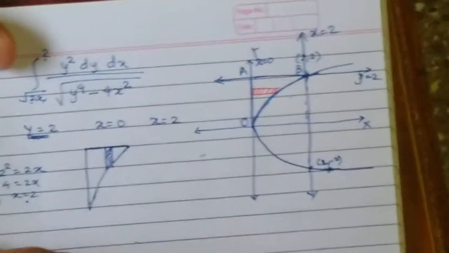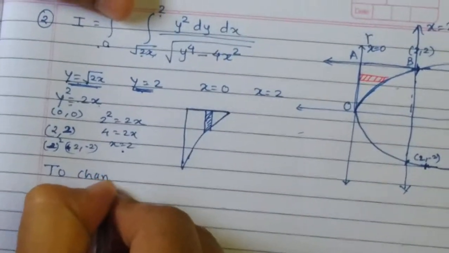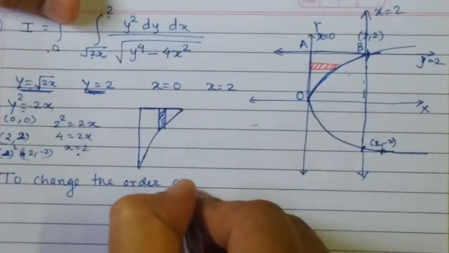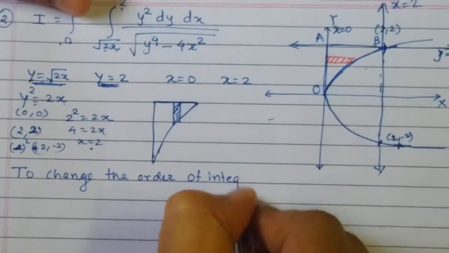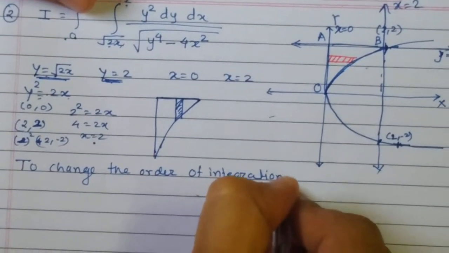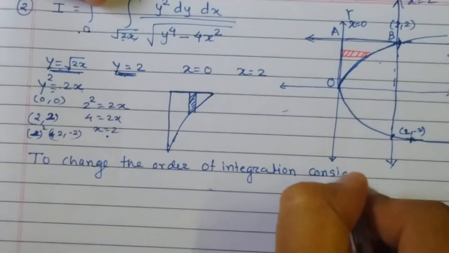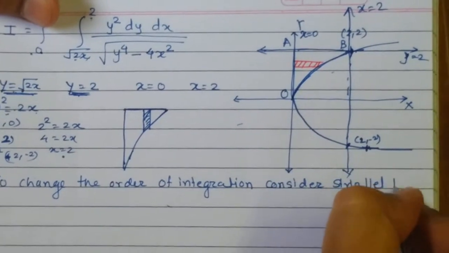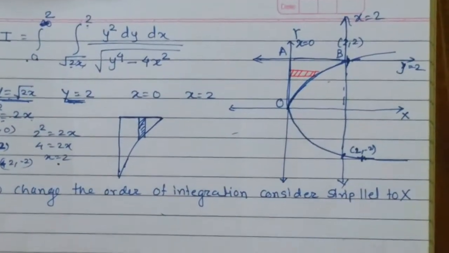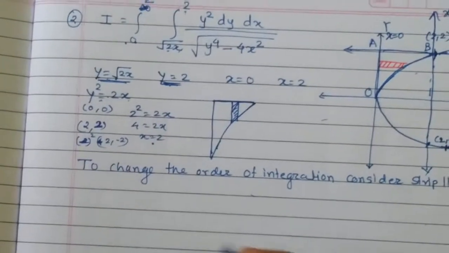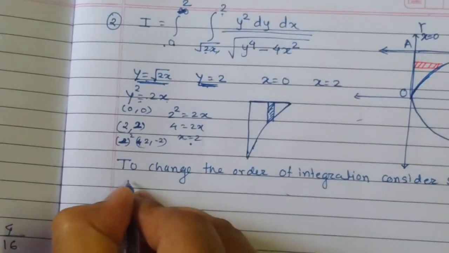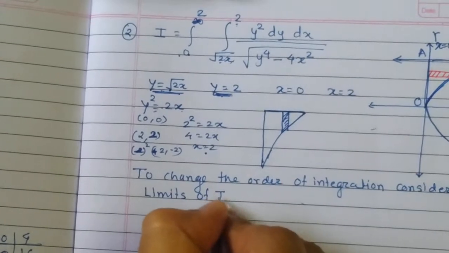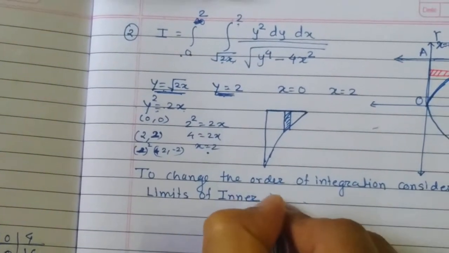Hence, to change the order of integration, consider a strip parallel to the x-axis, or horizontal strip. Now we are going to work out the limits of the inner integral.